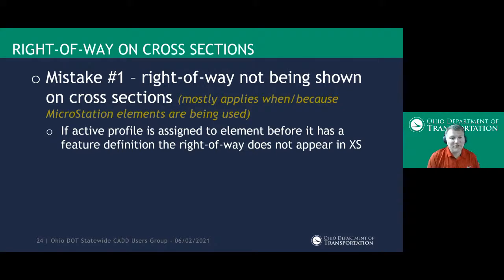What I'm going to call mistake number one for today is the right-of-way not being shown on cross sections. This mostly applies, as I was just mentioning, because MicroStation elements are being used and the active profile was assigned before it had a feature definition, so it's not appearing in the cross section.